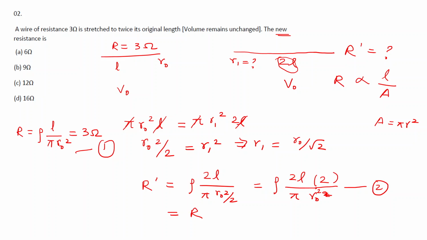And apart from that, we are getting 2 times 2, that is 4. Right? Now what was the resistance earlier? It was 3. 3 times 4 means 12 ohm. That means old wire had resistance of 3 ohm. Now the resistance has increased 4 times and has become 12 ohms. And the correct answer is 12 ohms.